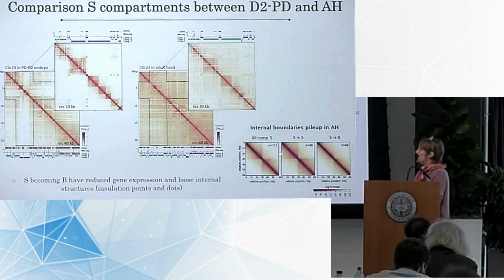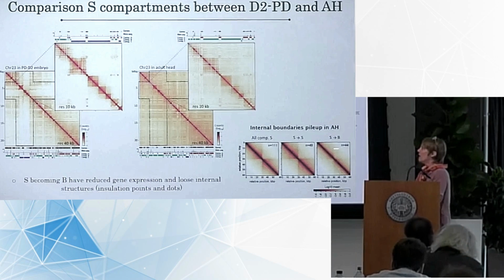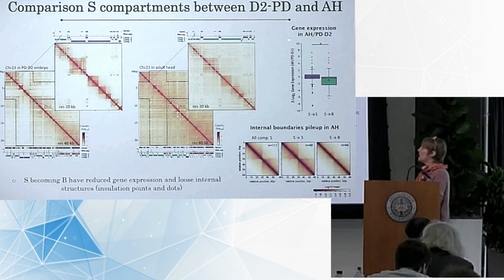You can see here that compartment S that switched to B now has a boundary of lower strength. Similarly, if you look at gene expression, you can see that compartments that switch to B usually have a drop in gene expression.